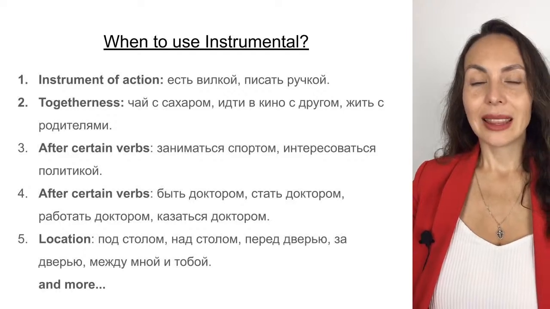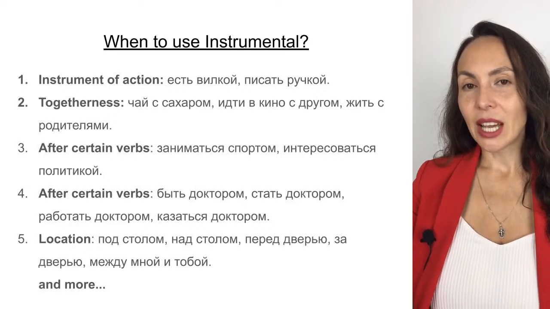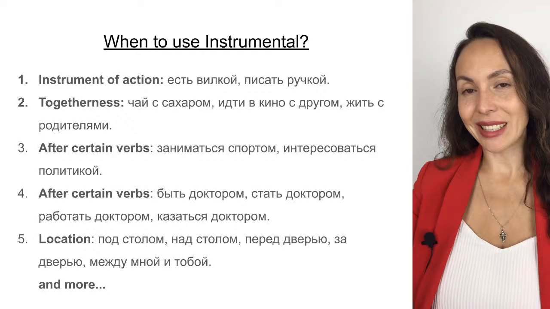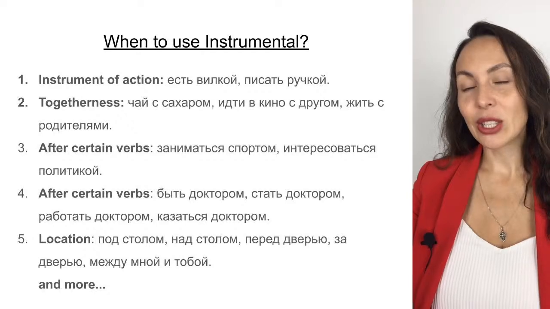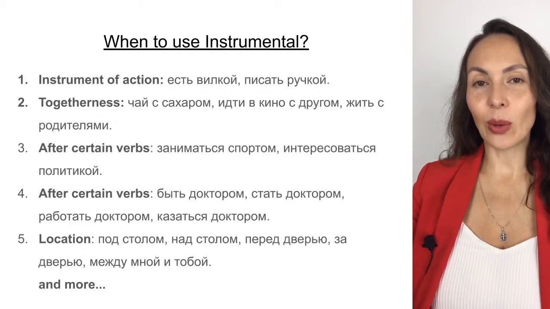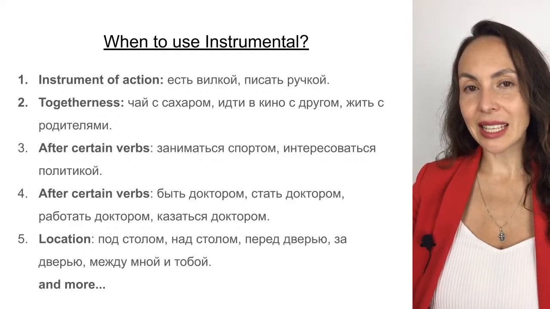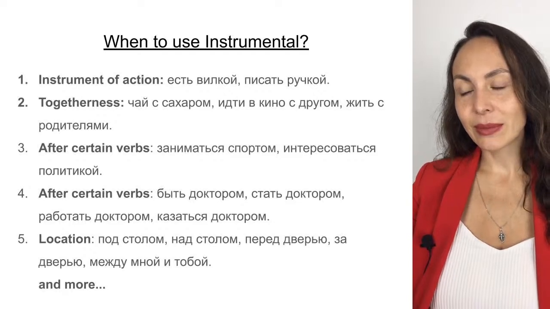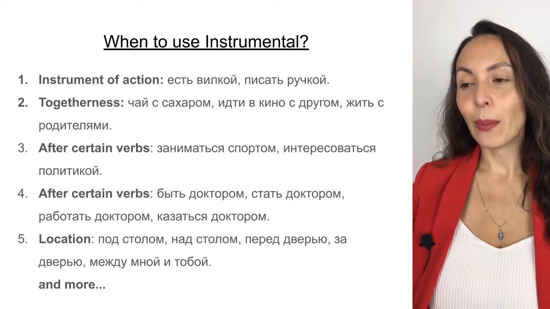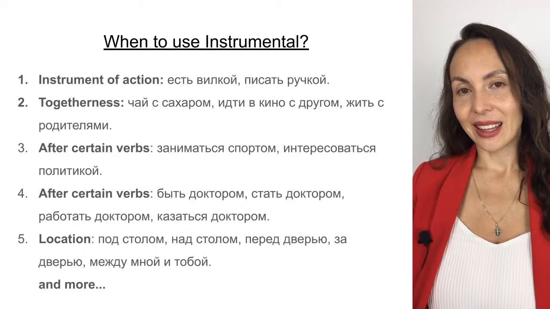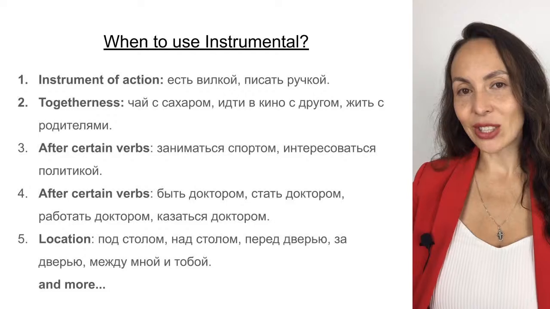быть. Okay, быть. You know that in the present tense, we do not use the verb to be in Russian language. But when we use, no matter what tense it is, the words быть, стать, работать, we need to use instrumental case.